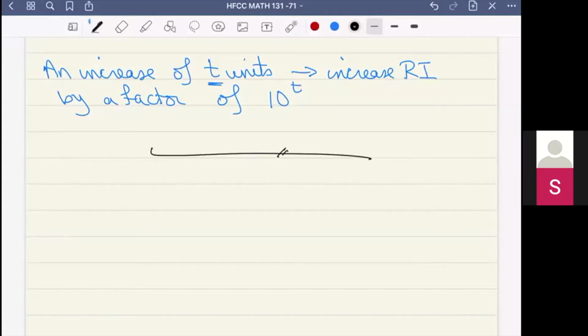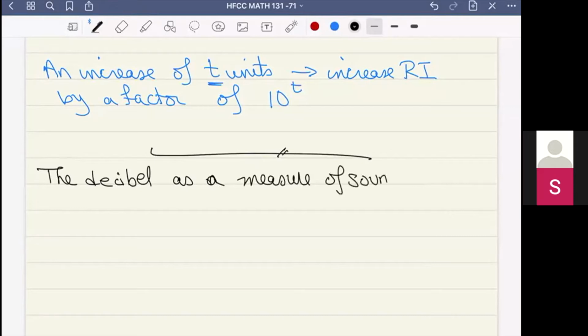Next, we're going to be talking about the decibel ratings. So the decibel as a measurement of sound. What is a decibel? The decibel rating of sound is 10 times the logarithm of the relative intensity.